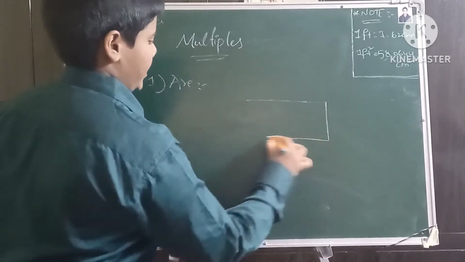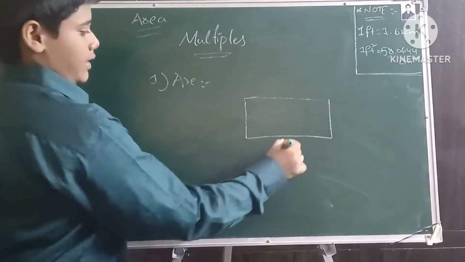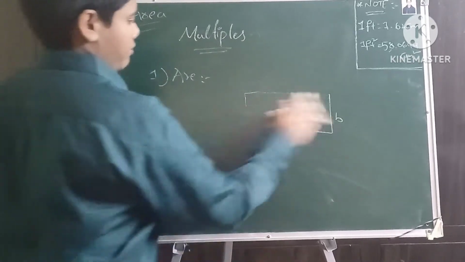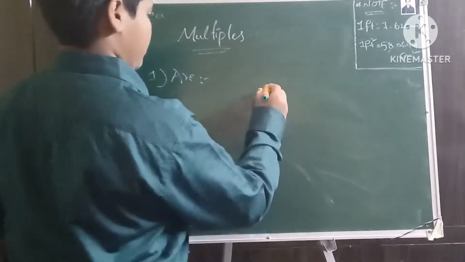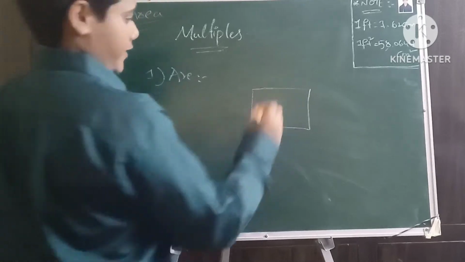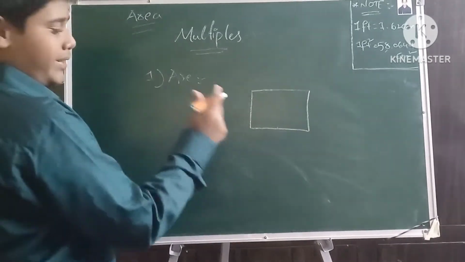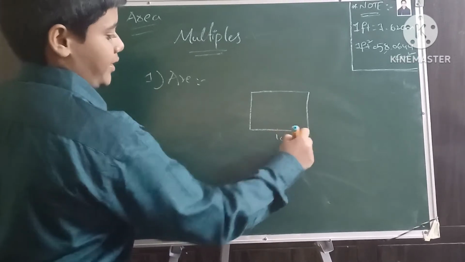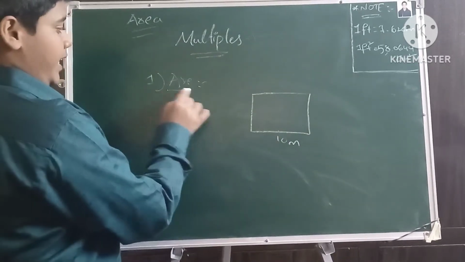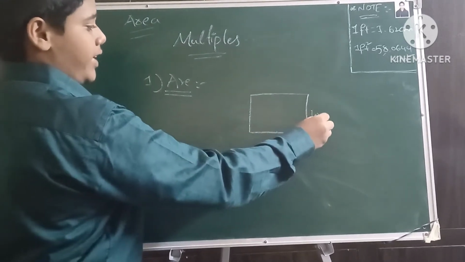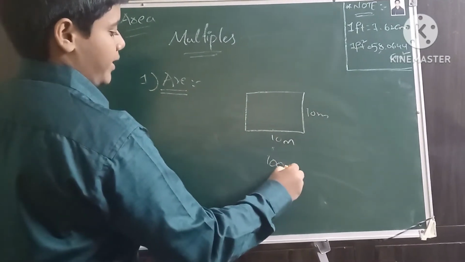If I take a rectangle, this is length and breadth. No, square we will take. This is a square, and all sides are equal. So 1 are means the side is 10 meters, and the area of this square is 100 meters square.